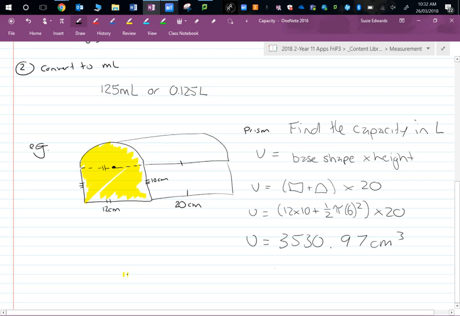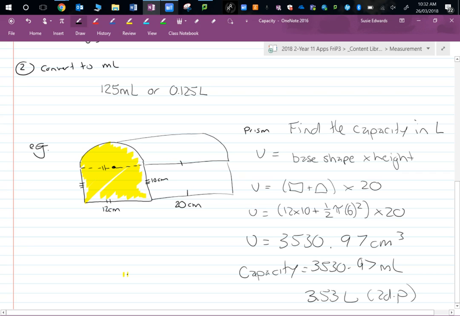Convert it. So we've now got how many mils? The exact same. So that is in mils. Have we answered the question? Good. So 3.53 litres to 2 decimal places.